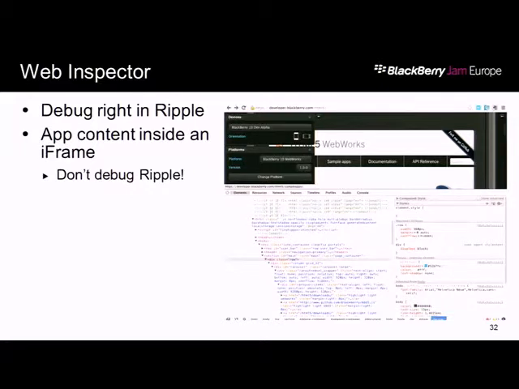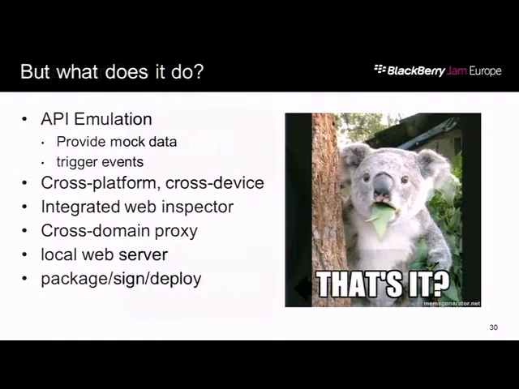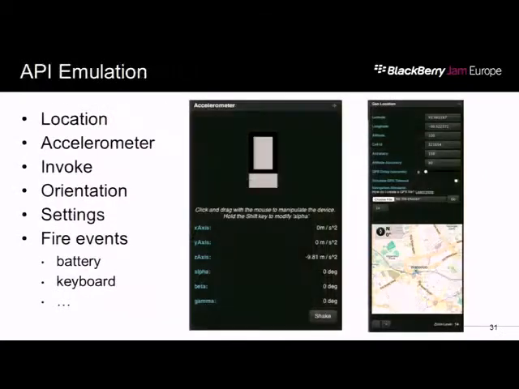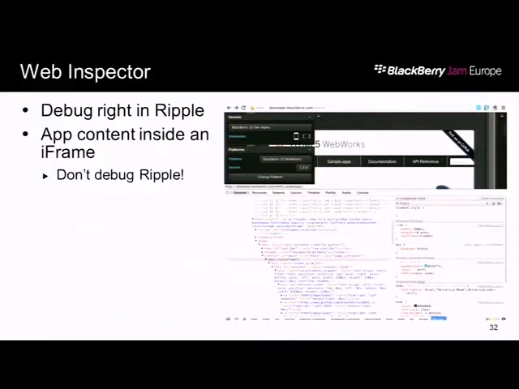One thing to remember is when you do this inside of Ripple, I'm going to step back a screen or two here. Sorry, I didn't have a screenshot of Ripple, but you can kind of see it here. We've got our UI of Ripple on the left and the right, typically, with the controls to emulate application or API calls. In the middle is a little representation of a device, like a skin around the actual content of your application.